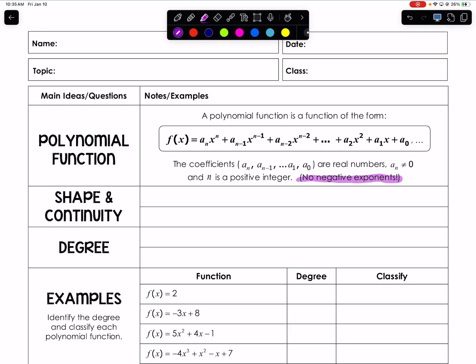So we are going to say polynomial functions are smooth curves. If you haven't got your calculator out, get your calculator out, because we'll be doing a bunch of calculator stuff later on.